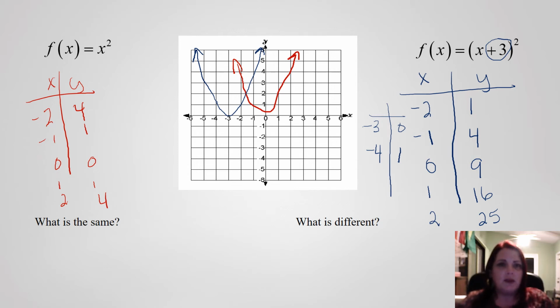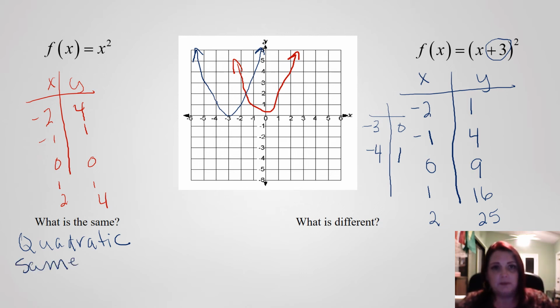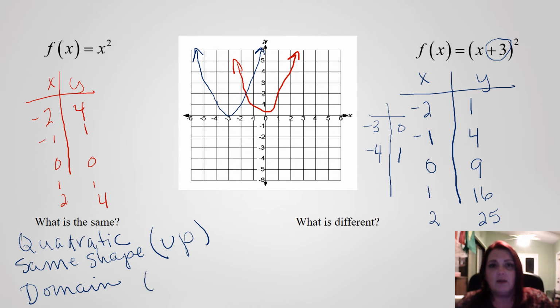So what's the same? Once again, they're both quadratic. And they have the same shape. And they're both going up. And their domains are both all real numbers.